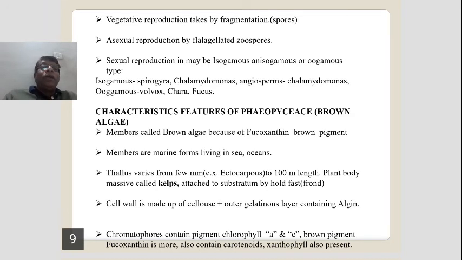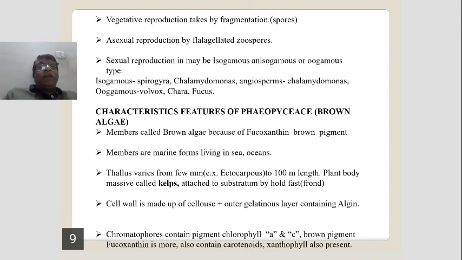Next, let us examine how these algae reproduce. The algae mainly reproduce by three methods. One is vegetative reproduction, asexual reproduction, and sexual reproduction.